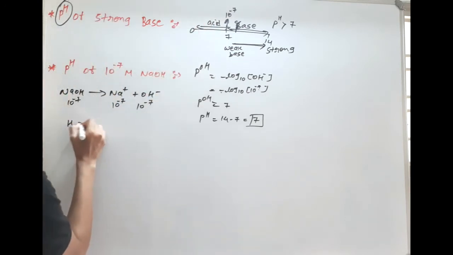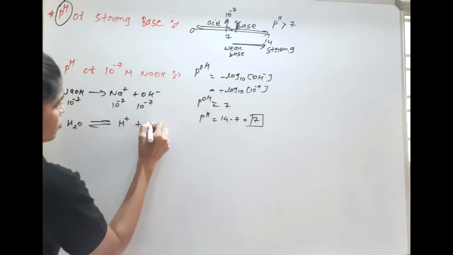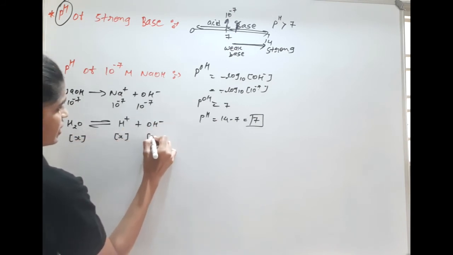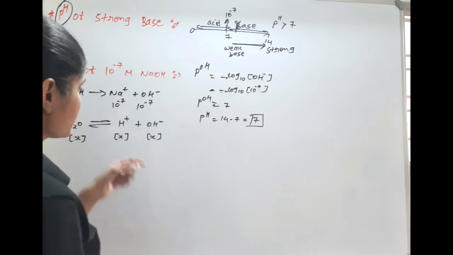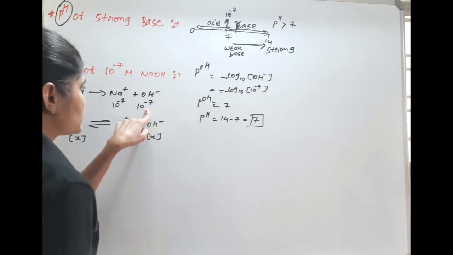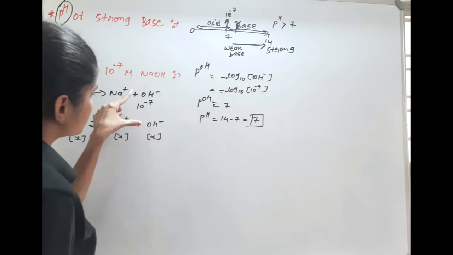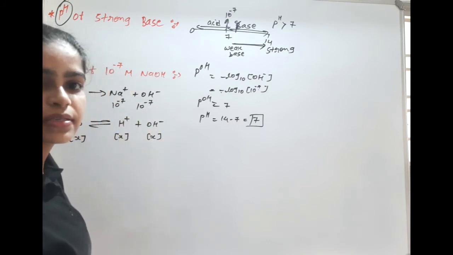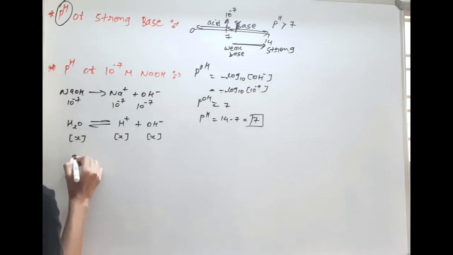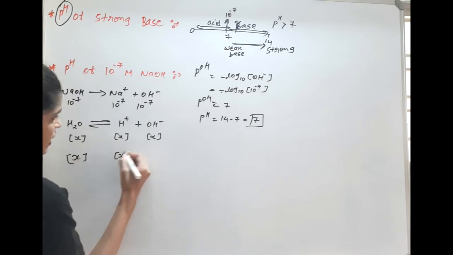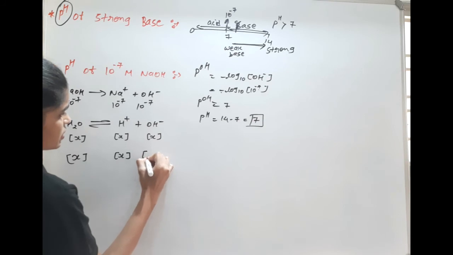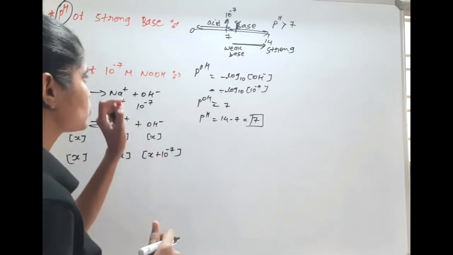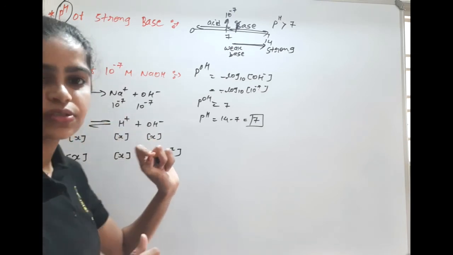So H2O gives H+ and OH-. This is the X concentration, X and X concentration. This is X and this is 10 raised to minus 7. So the total OH- concentration is X plus 10 raised to minus 7, because the NaOH solution is made with an aqueous solution.